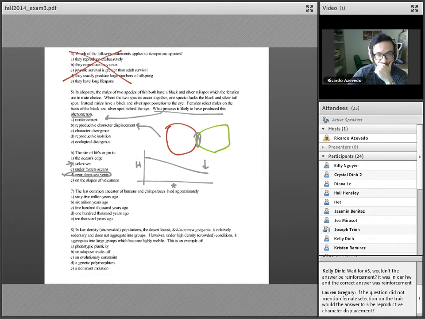Okay, the last common ancestor of humans and chimps lived approximately how many years ago? I think from lectures yesterday, you know that Lucy was around 4 million years ago, and Lucy's human.